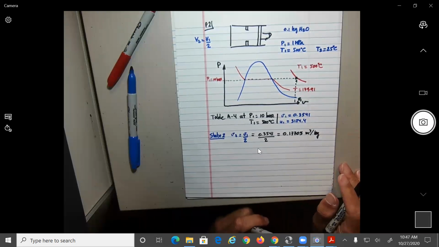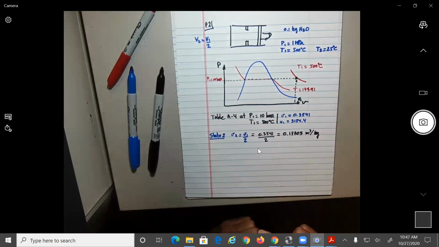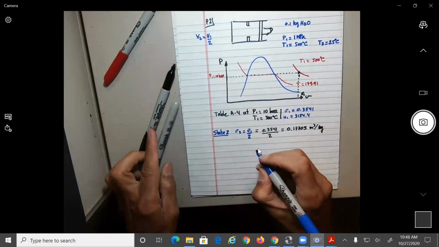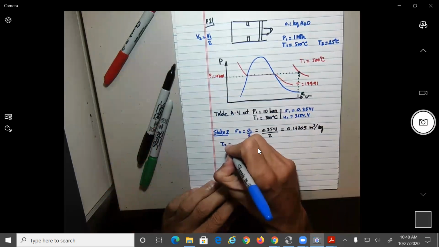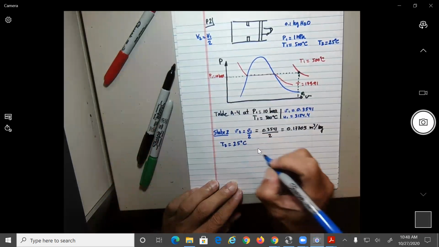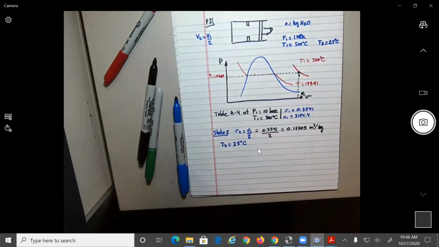So what else do we know at 2? We also know the temperature, T2, which is 25 degrees Celsius. So process 1-2 is constant pressure.